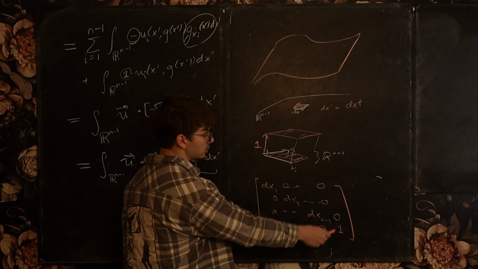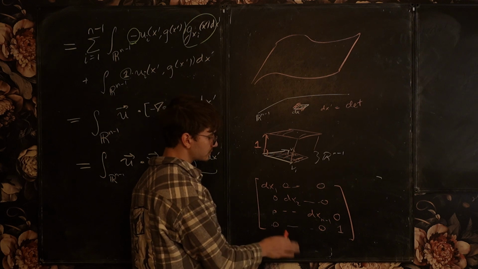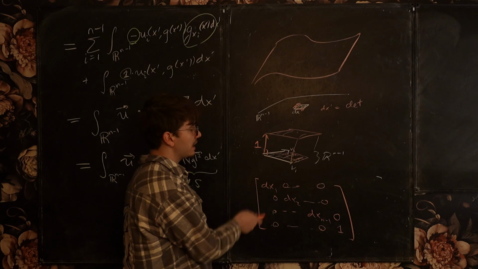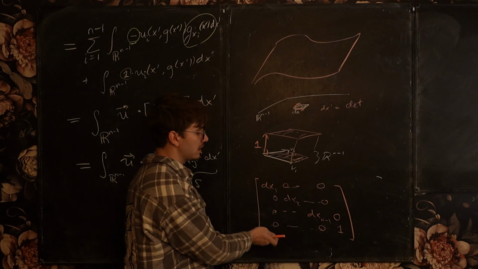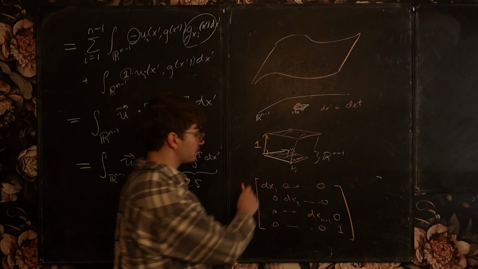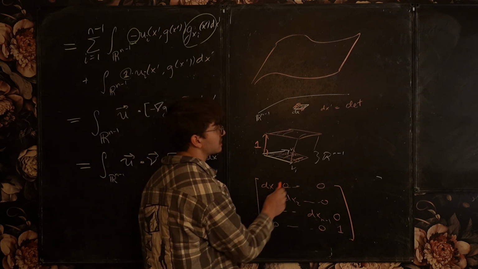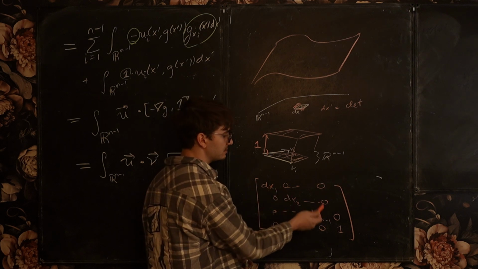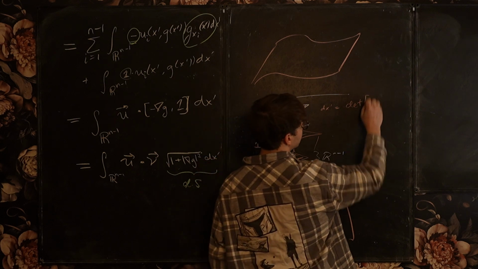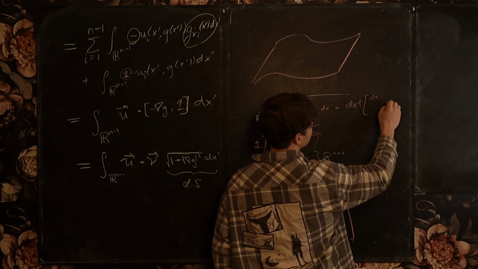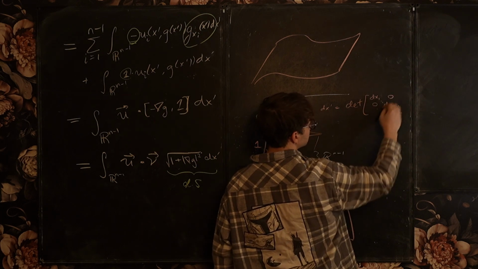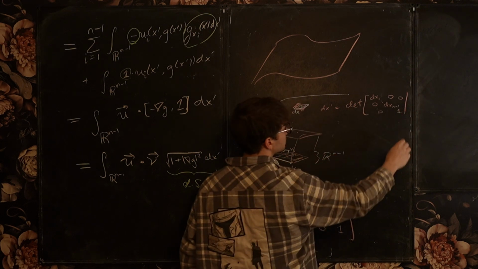Now I look at this parallelepiped spanned by these n vectors, and its volume is precisely the determinant of this matrix. From linear algebra, we know that. The determinant of this matrix is just dx1 times dx2, etc., times dxn minus 1, with 1 and zeros everywhere else.